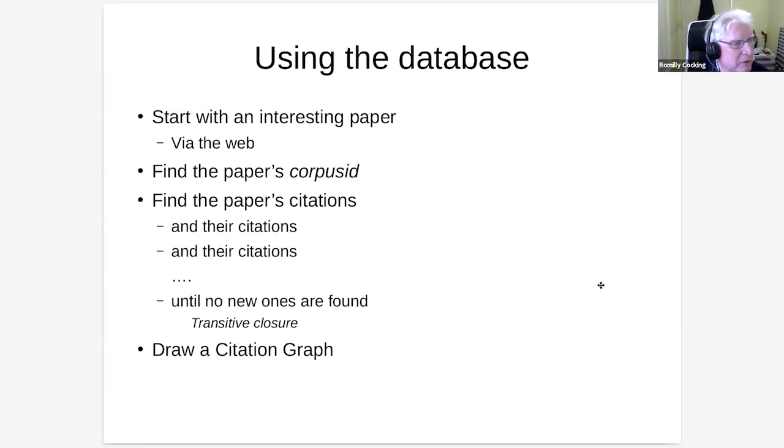And then in the Jupyter notebook, I find the paper's corpus ID, and then I've got some code that will find the paper's citations and their citations, and on I go until I don't find anything new. Technically, that's a transitive closure. And then finally, I draw a nice picture showing how all the papers are related.